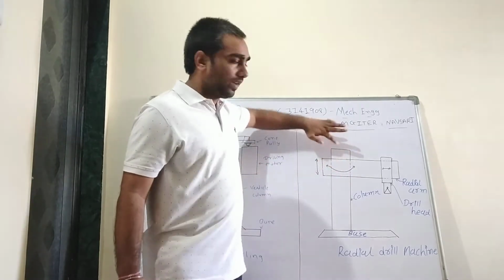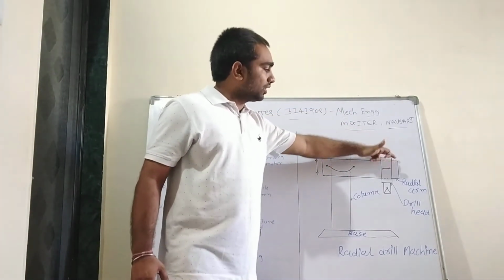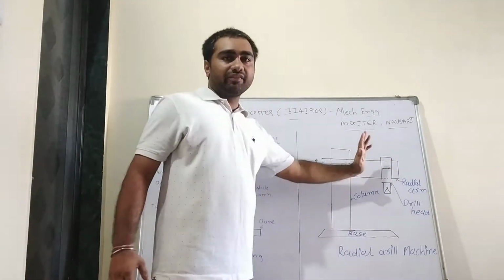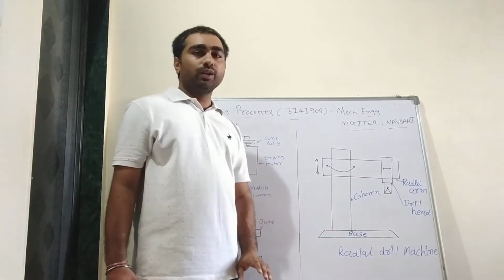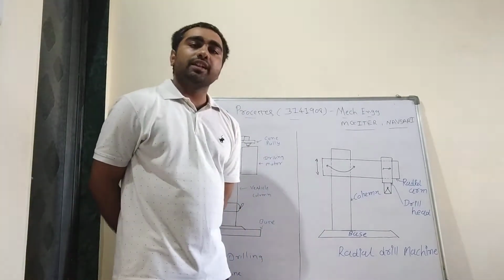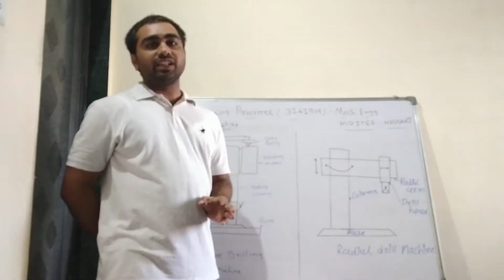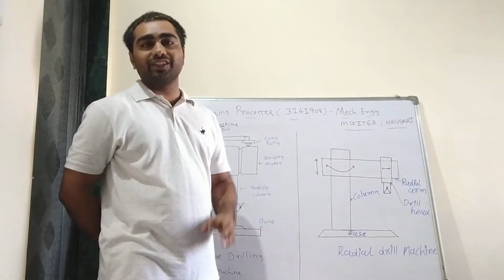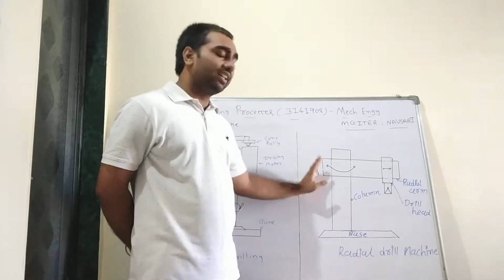The arm swings through 360 degrees, and it also moves radially, right and left. It is a very useful drilling machine in industry because it moves 360 degrees and can create holes at any angle.